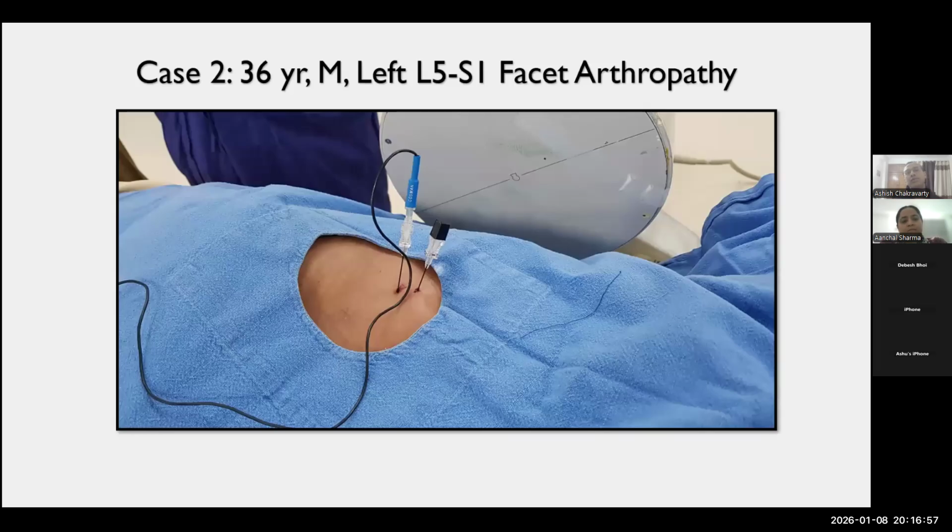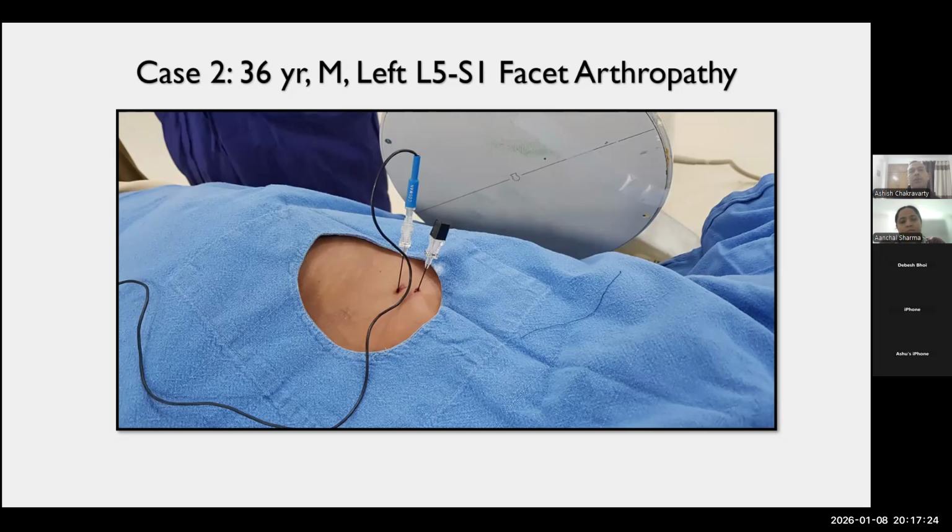First, a single procedure can always be serendipity. So after 2-3 months, when another patient came up with lumbar facet arthropathy, what I did in him was the same transversal technique, but with a slight modification.